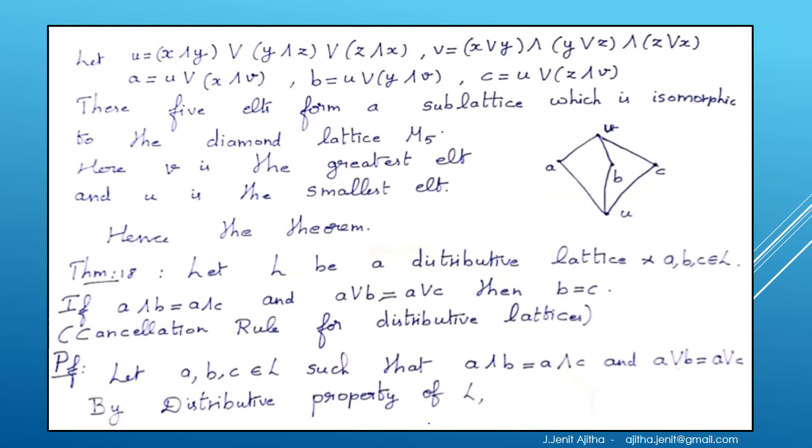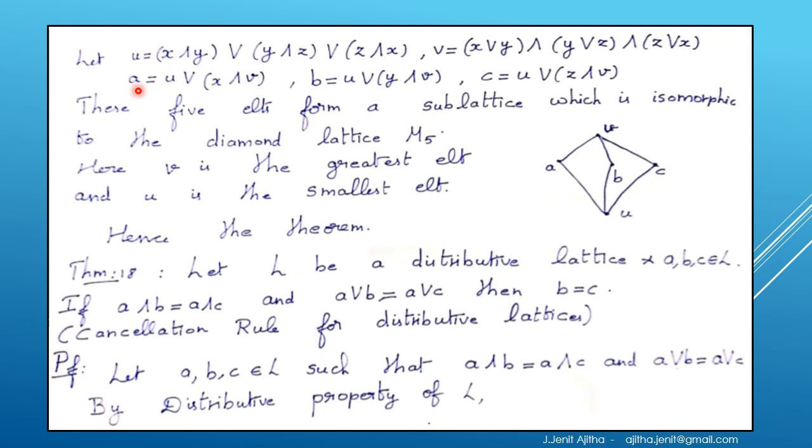Now take u equal to (x meet y) join (y meet z) join (z meet x), and v equal to (x join y) meet (y join z) meet (z join x). So this element v is the greatest element, and u is the smallest element.